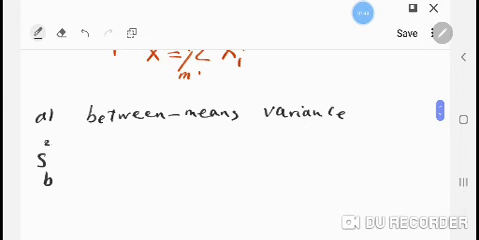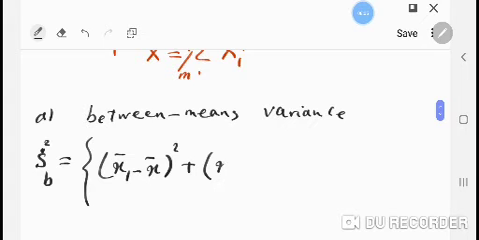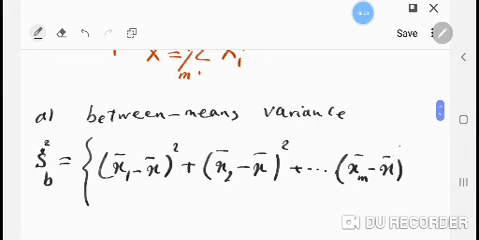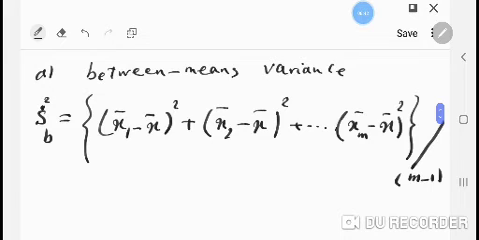S between, that is variance, not standard deviation, is equal to the sum of x bar 1 minus x bar, up to x bar m minus x bar, squared, divided by m minus 1. This is between means variance.